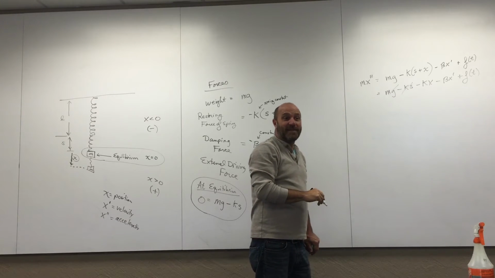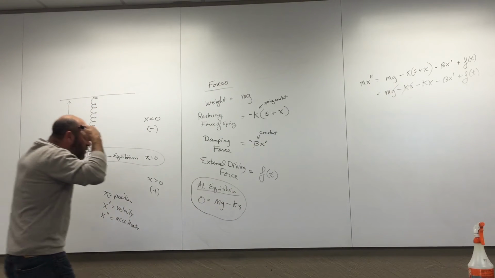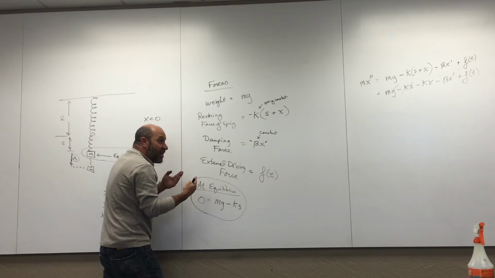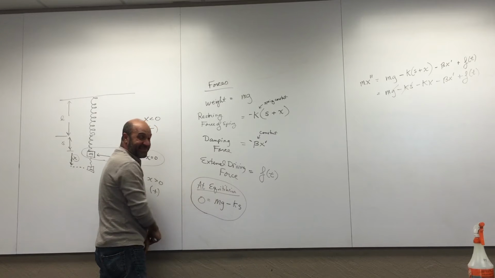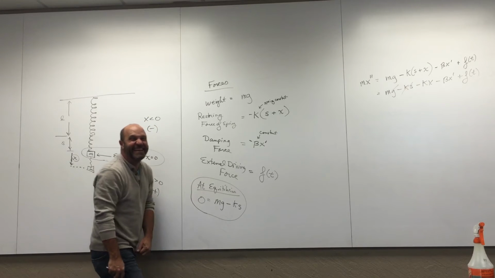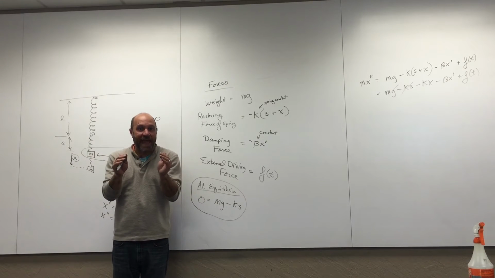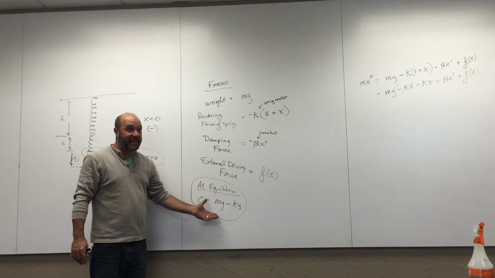At equilibrium is where we discovered this true fact. The true fact is true everywhere. That's a little tricky. We analyzed at equilibrium and came up with this true fact, and now that's just always a true fact.